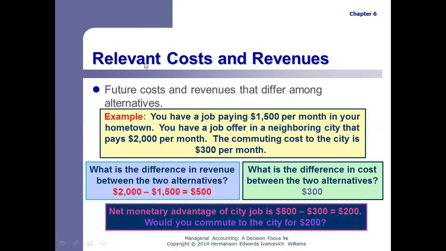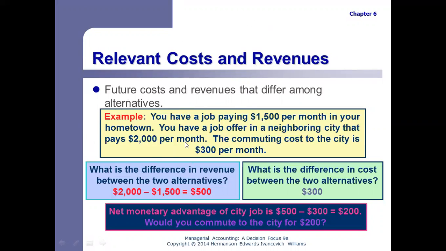The concept of relevant costs is kind of simple, actually. It's just the cost that is pertinent to the decision that you're trying to make. And remember, we're looking at differential analysis. So if something doesn't change, is not different between the two alternatives, that's not relevant because it's the same for either alternative.